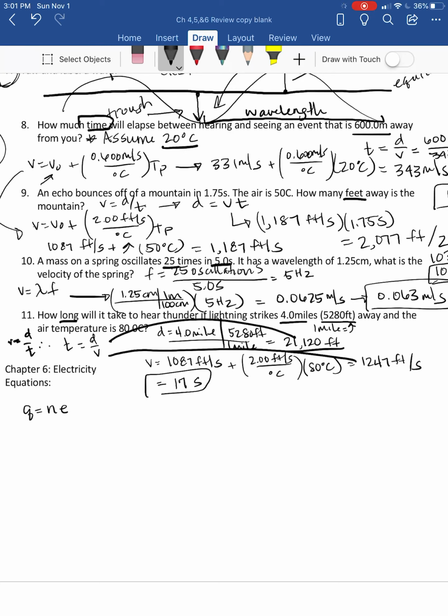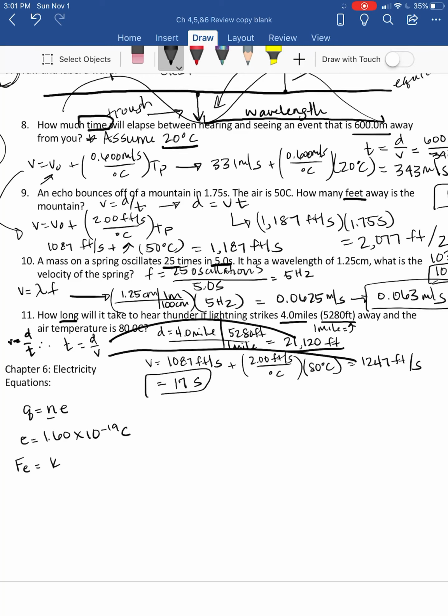So one of them was if we were ever going to have to find like the amount of electrons, we used this number. And remember that the charge of an electron or proton, both, is this 1.6 times 10 to the negative 19 coulombs number. Another equation that we did was force for electricity, electrostatic force.